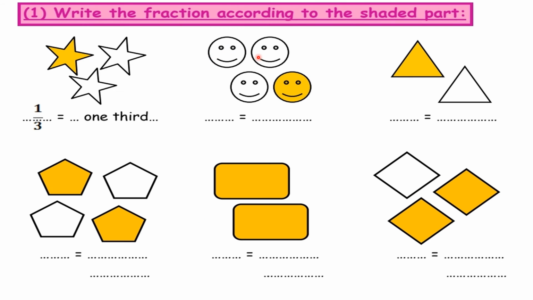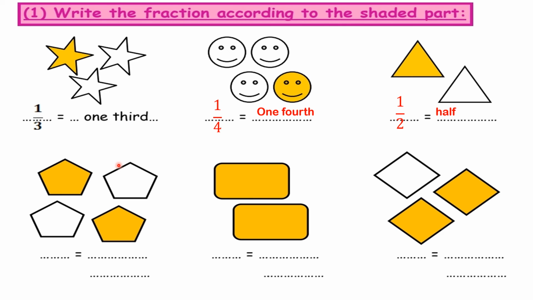I have here a set of 4 faces, 1, 2, 3, 4, and only 1 is colored, so 1 out of 4 is 1/4. I have here a set of triangles. I have 1, 2 triangles, and 1 triangle out of 2 is colored, so I have 1 out of 2, it's a half.